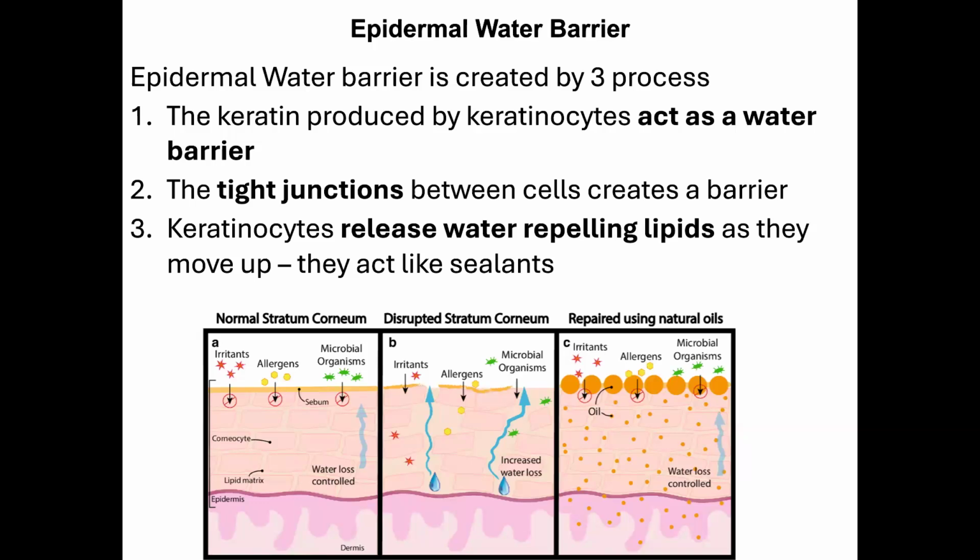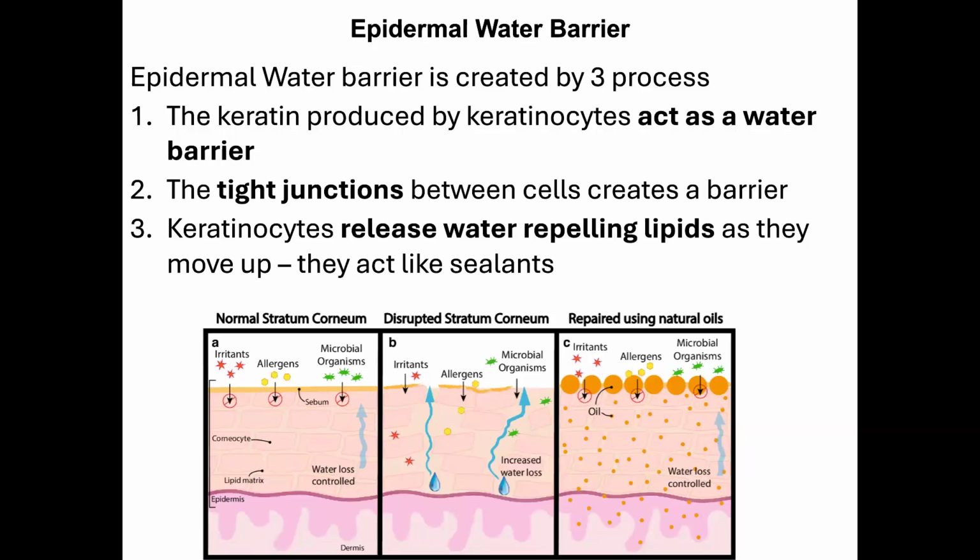Now, we talked a lot about how the skin is waterproof. What makes it waterproof? We said that one is the keratin. The keratin produced by the keratinocytes is a water barrier, number one. But again, there are a couple of other reasons. One is the tight junctions. So the tight junctions between the cells will prevent water loss.